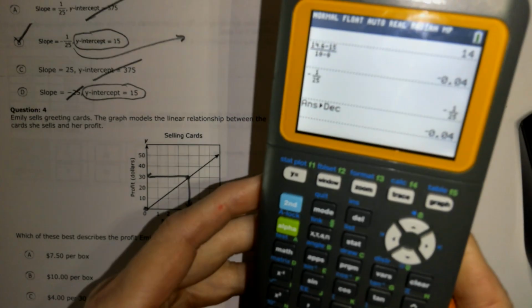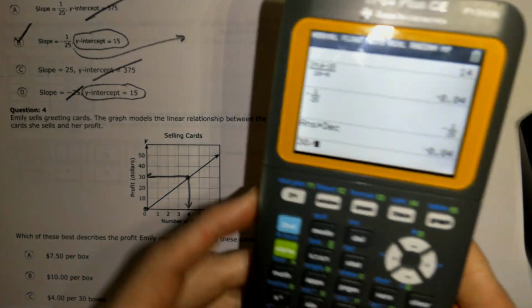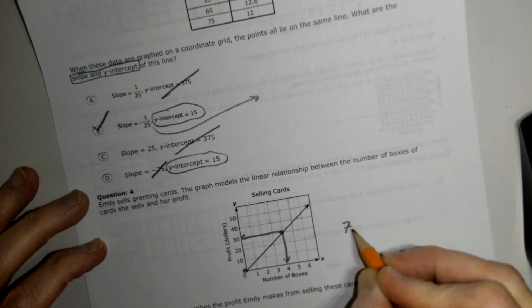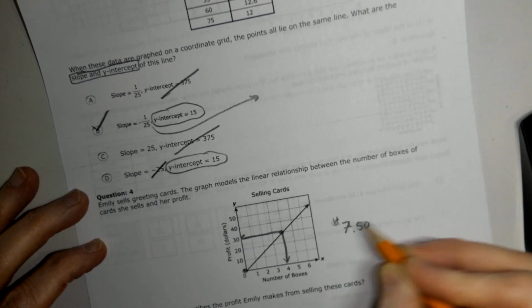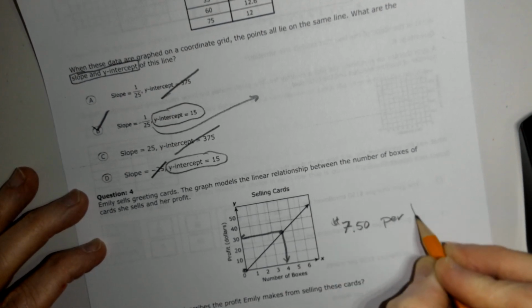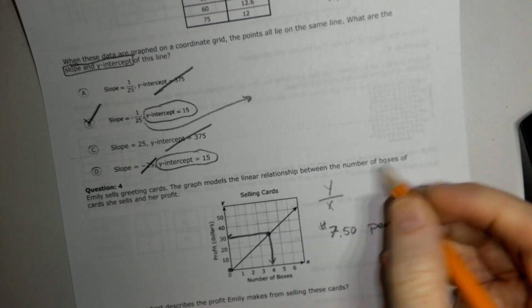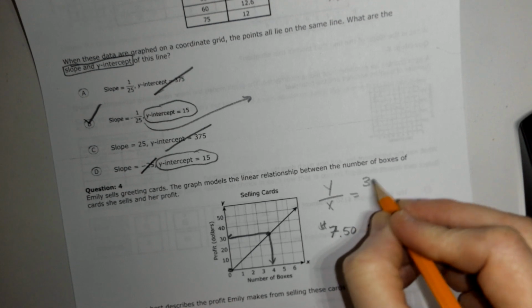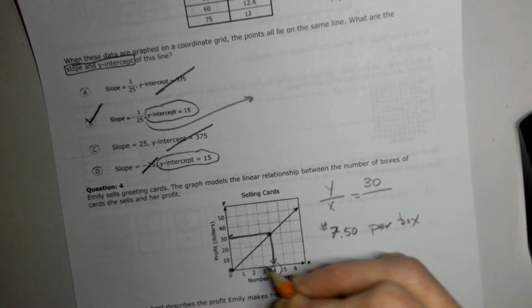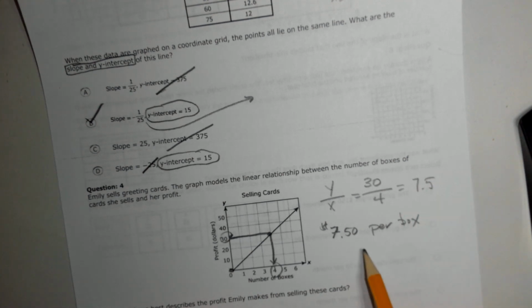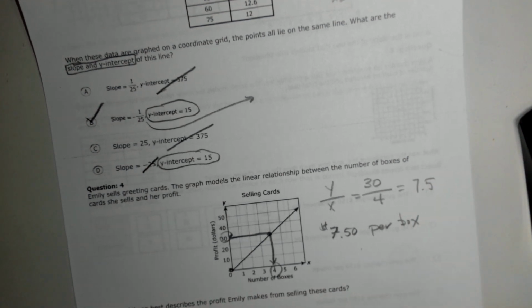So it's as simple as taking 30 and dividing by 4. And I get $7.50 per box. I'd like for you to write y divided by x. My y value is 30. Its corresponding x value is 4, which gives me 7.5, and thus $7.50 per box.